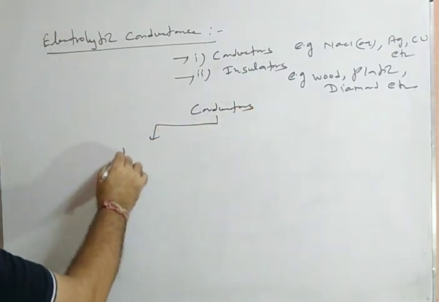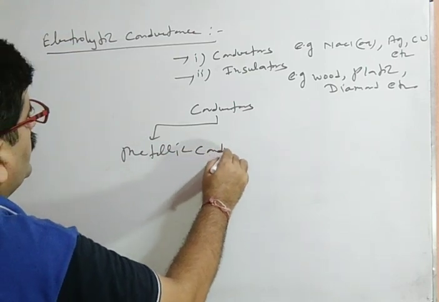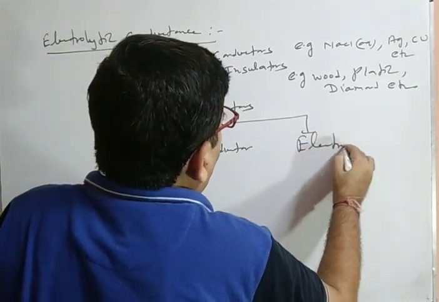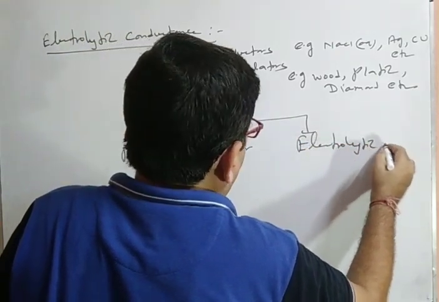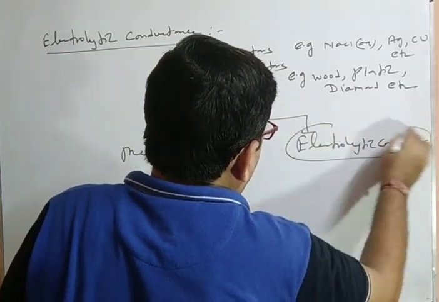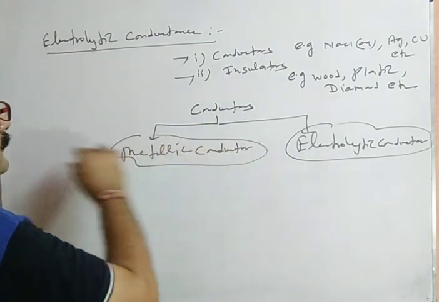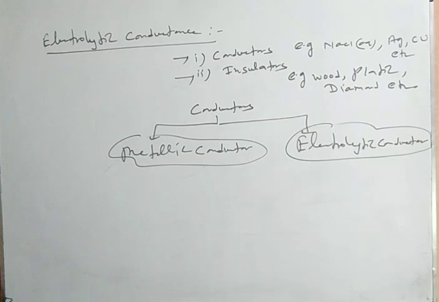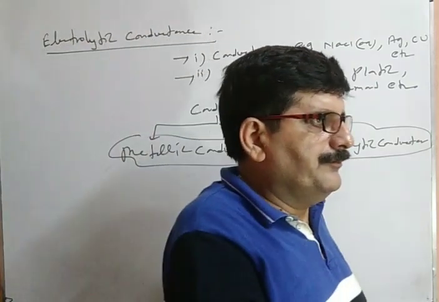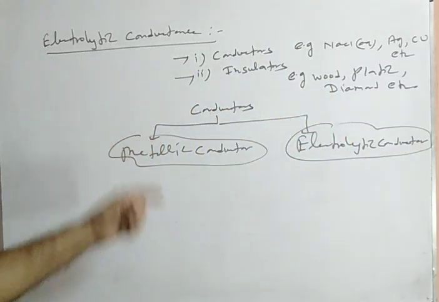First is known as metallic conductor, and second one electrolytic conductor. Electrolytic conductor is due to movement of ions, whereas metallic conductor is due to movement of what? Electrons. Electrolytic conductance increases when temperature increases, whereas metallic conductance decreases when temperature increases.